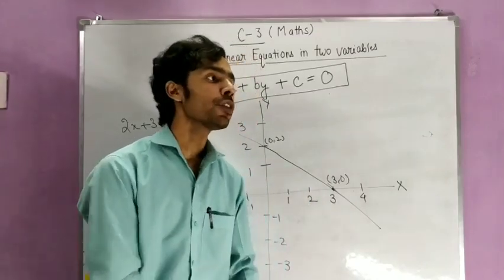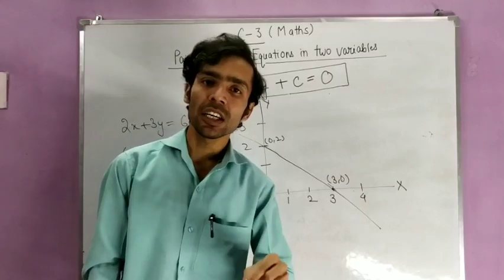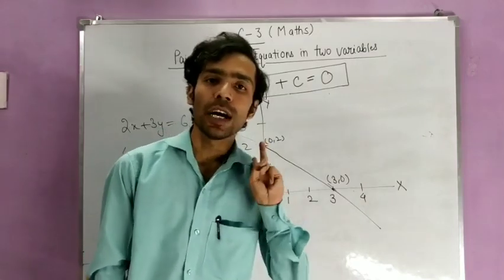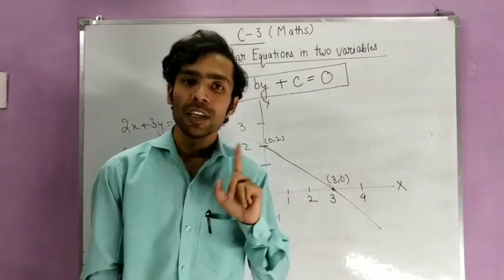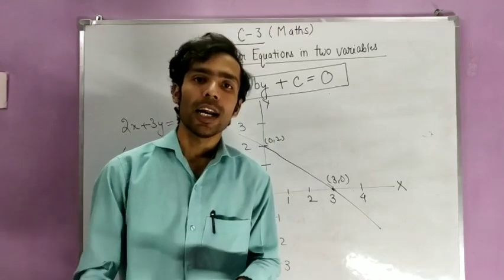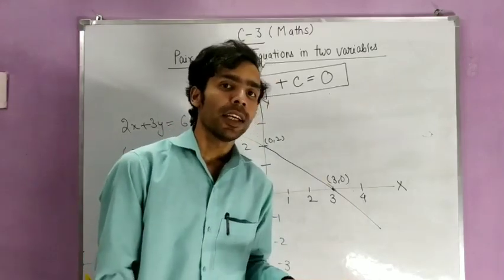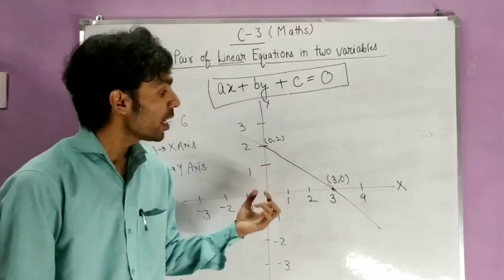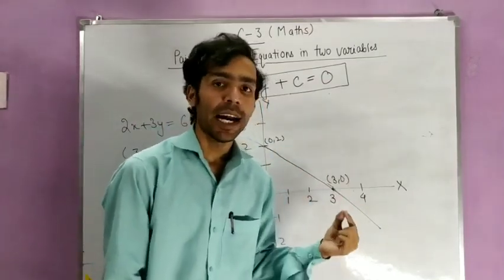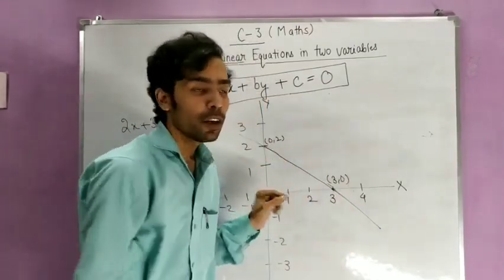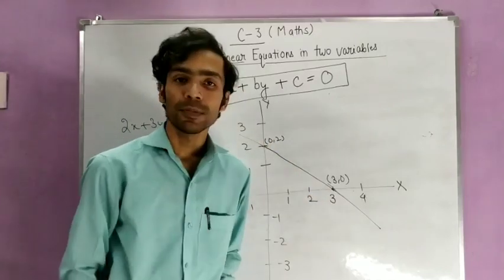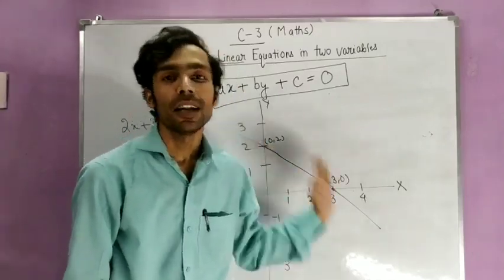So whenever you have to draw the graph of a linear equation, you just have to take out 2 points. One is on the x-axis and the other is on the y-axis, and after that plot those points on the graph and join them. When you join those 2 points, it will form a straight line.